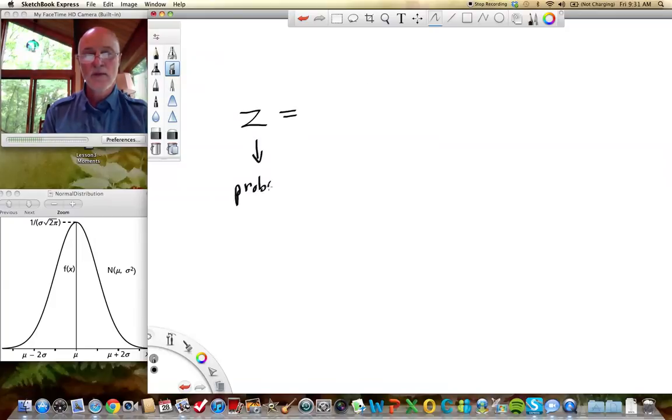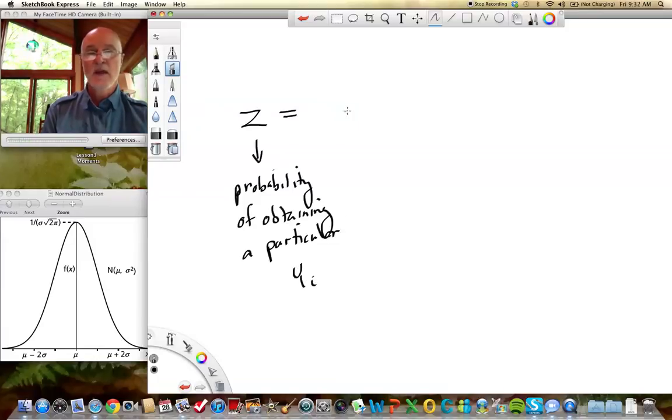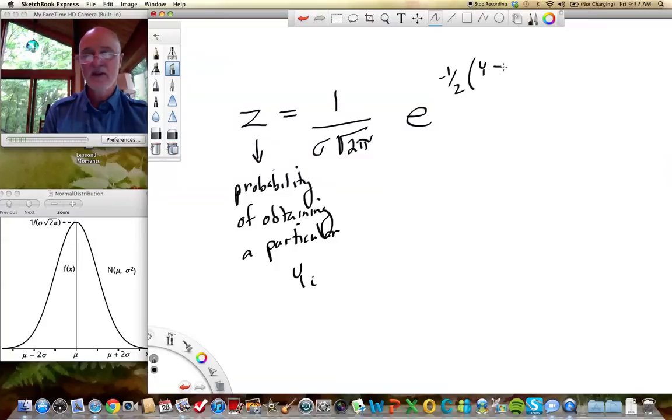The probability of obtaining a particular value of an observation is 1 over the standard deviation times the square root of 2 pi times e to the minus 1/2 times the observation value minus mu all over sigma squared.